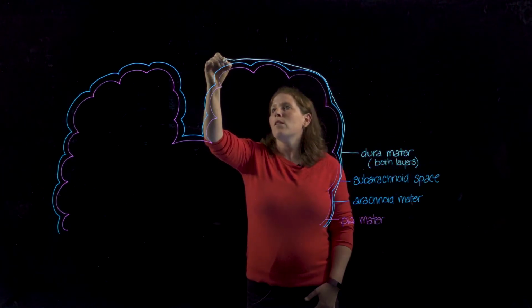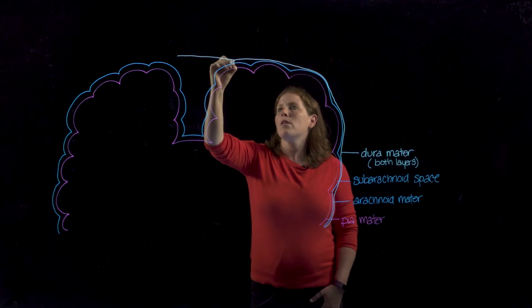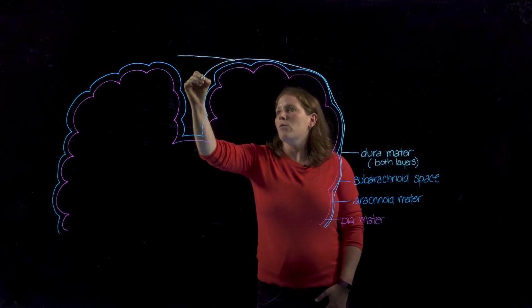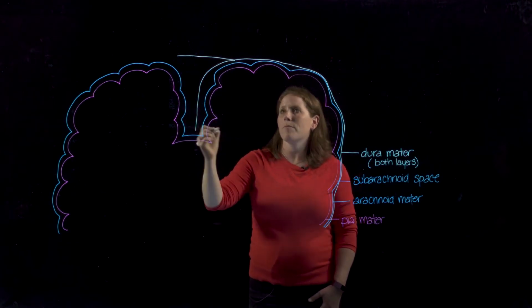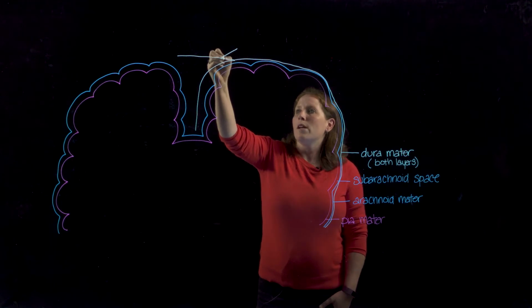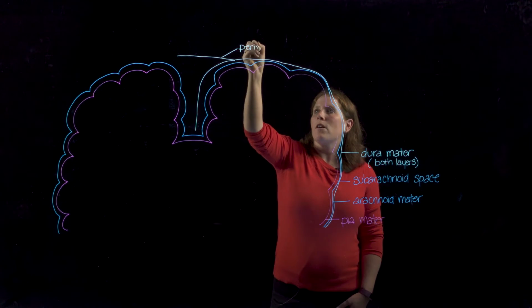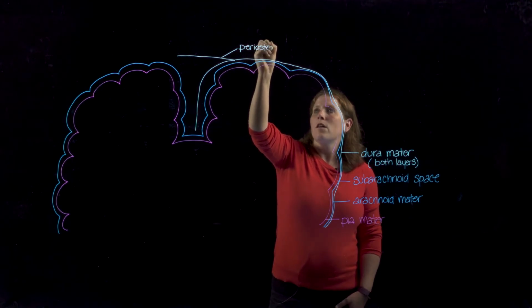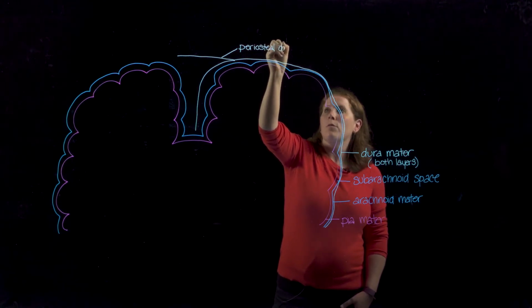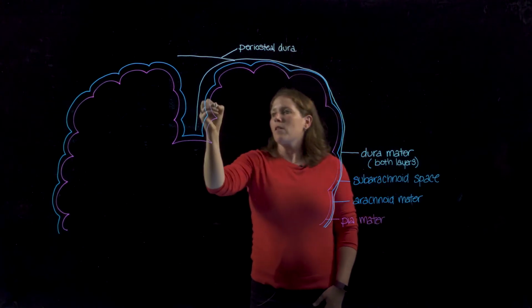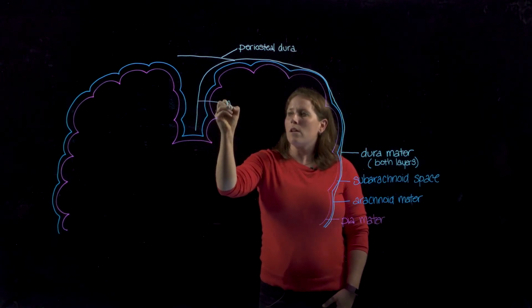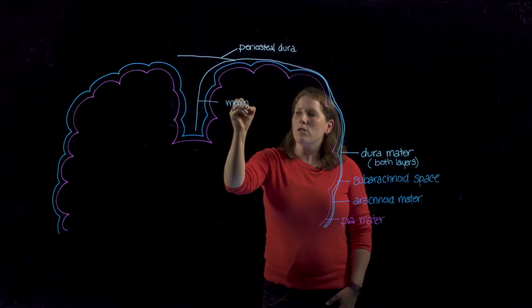So we're going to have one layer continue across the top, and the other layer will pass into that fissure. So when they separate, this will be periosteal dura, referring to the fact that it stays close to the bone. And this layer will be meningeal dura.